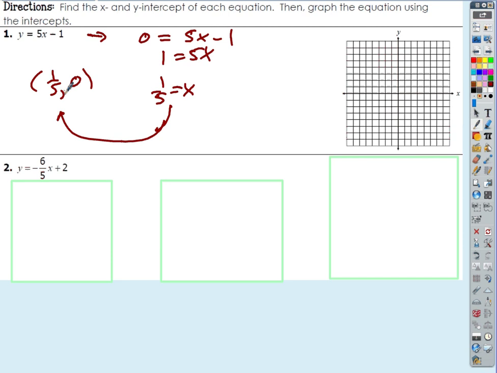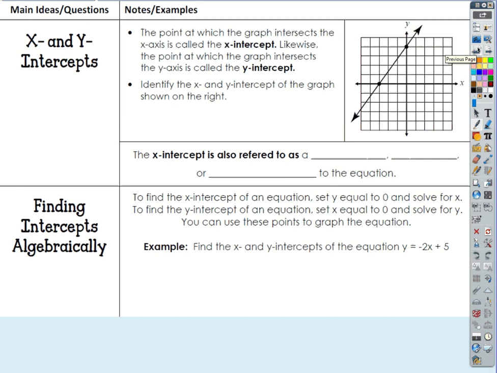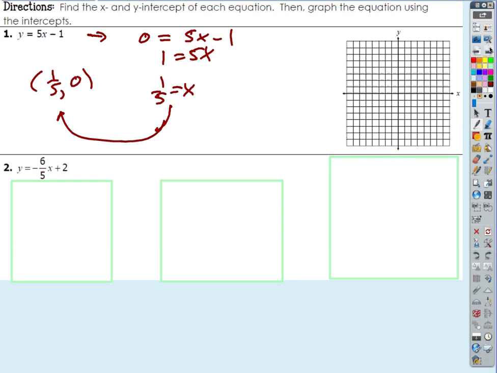So there's my x-intercept. Now, by the same logic, the y-intercept is where x is 0, right? If we have a line that's written in slope-intercept form, we already know the answer is going to be -1, don't we? But we can see that algebraically pretty easily. If I'm looking for the y-intercept, that's going to be where x is 0.